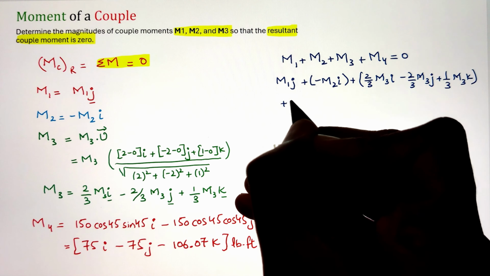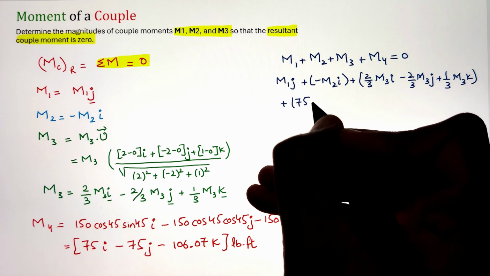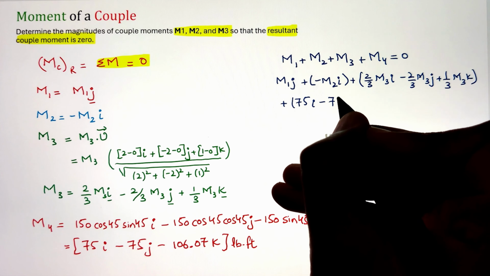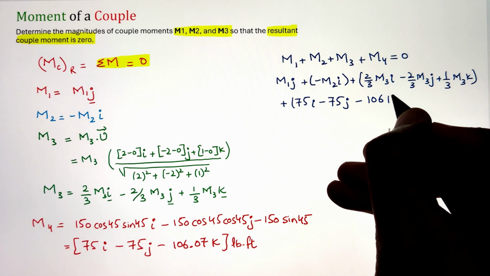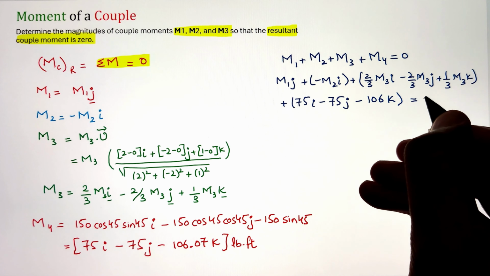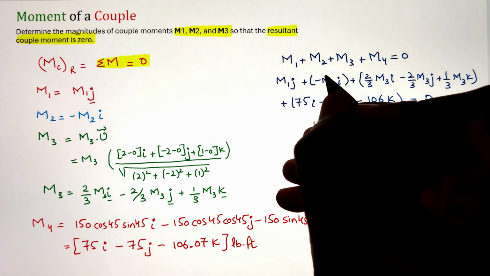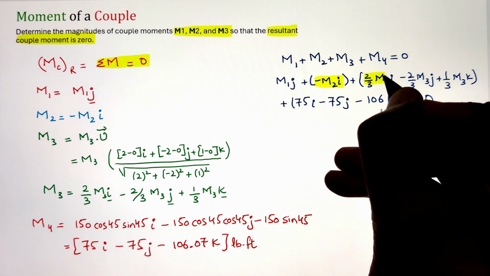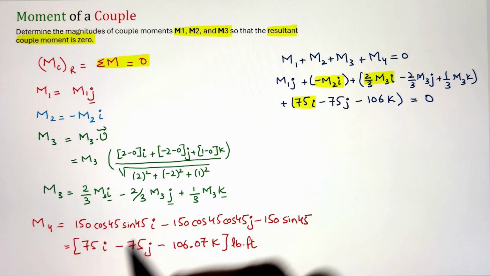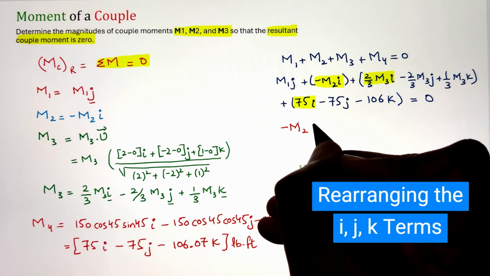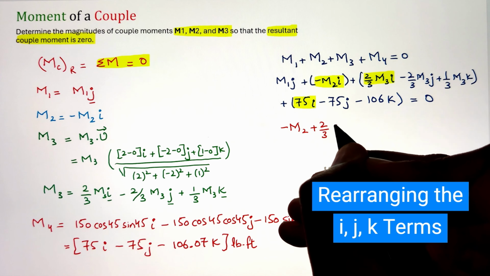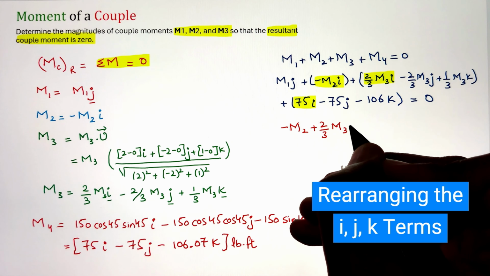Now, let's rearrange the expression so that I have all the i components added together, all the j components added together, and k components added together. Then we can equate the i, j, and k components on both sides of the equation to solve for the magnitudes of M1, M2, and M3.